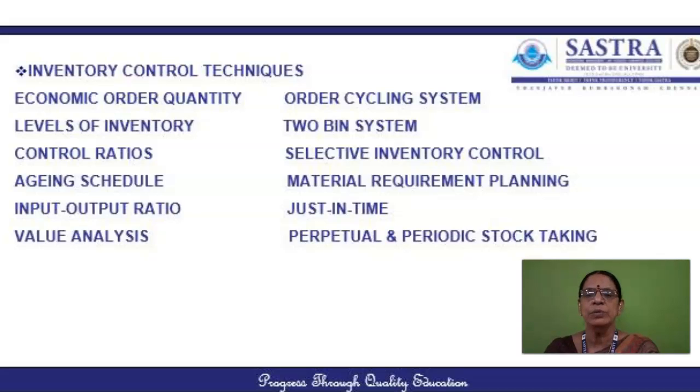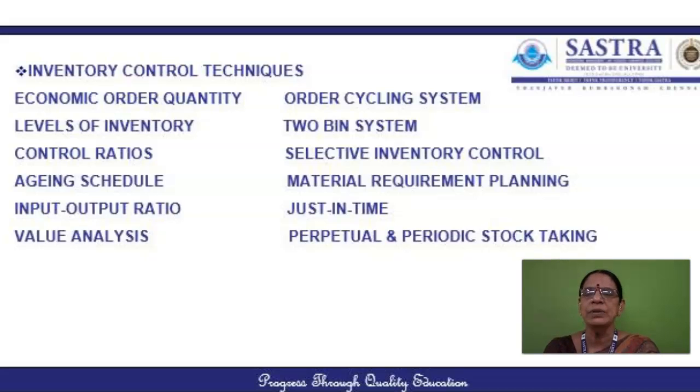We shall see about the inventory models that are used by the organizations. The basic problem of the management of inventory is to find out the ordering quantity so that it is said to be economical from the operational point of the manufacturing concerns. But there is a mutual conflict between the ordering cost and the carrying cost.